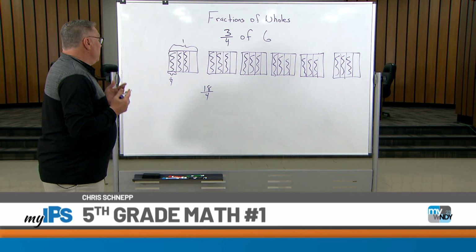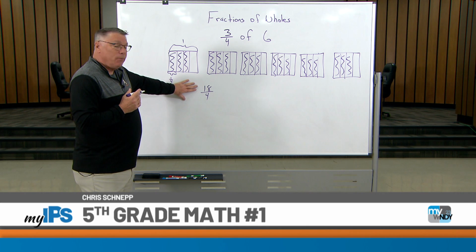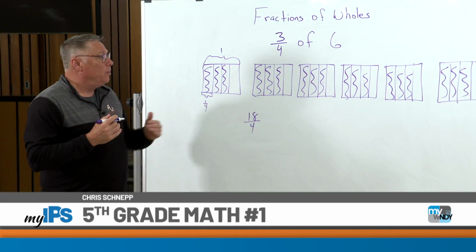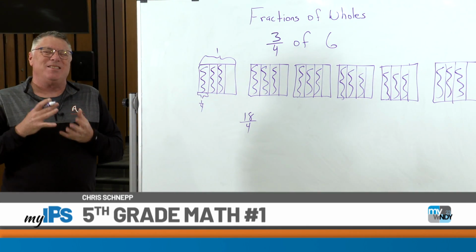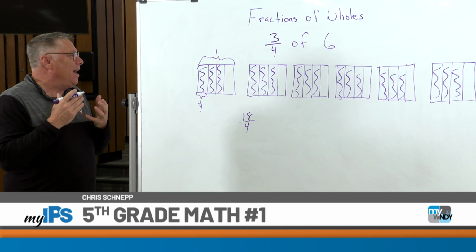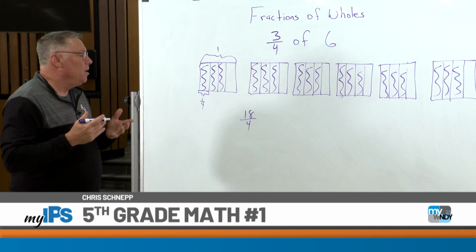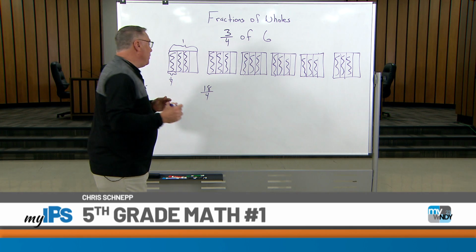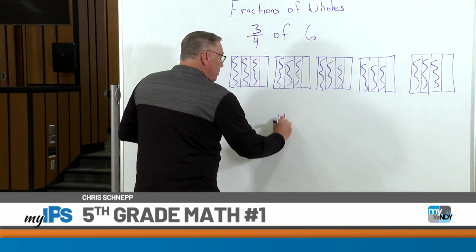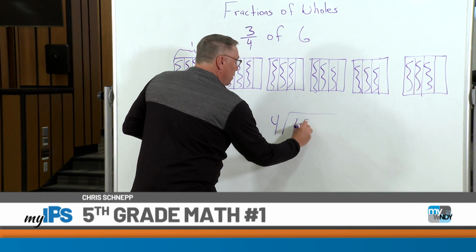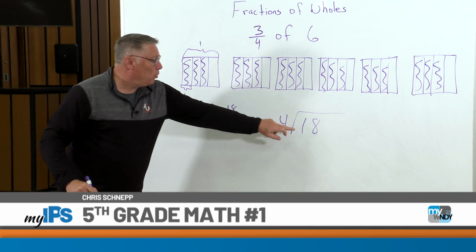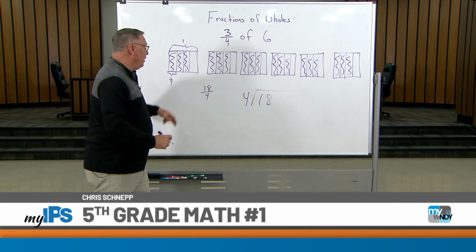All right, so this is a number larger than 1, or a mixed number, but we need it simplified, with how many fourths we actually have. Okay, and if you remember in past lessons, one way we talked about that is we take the fraction, put the top number on the inside and the bottom number on the outside, and we divide it.